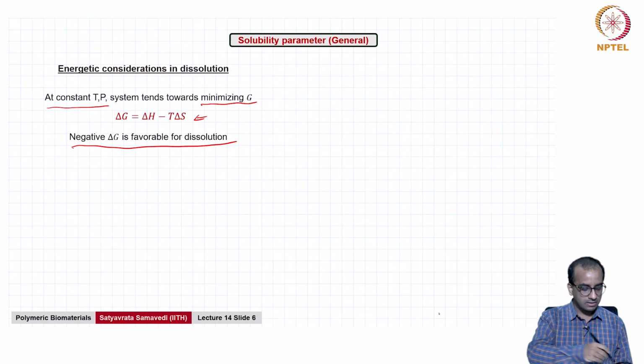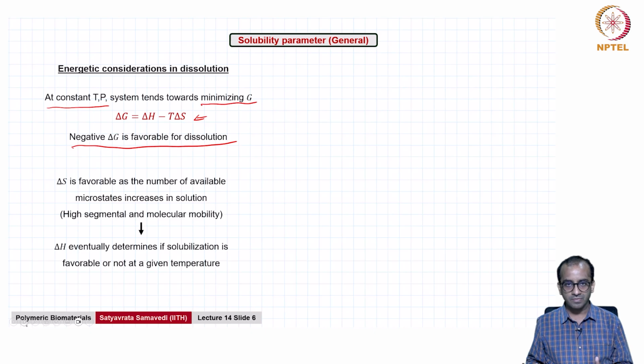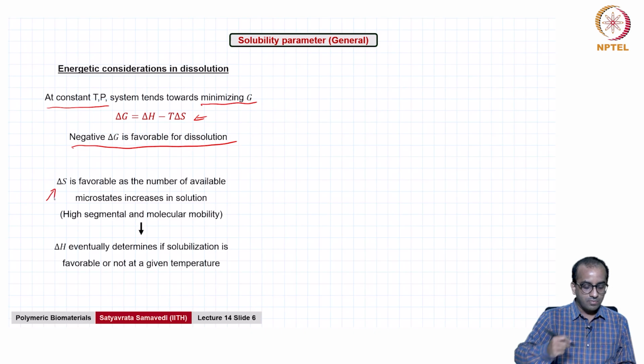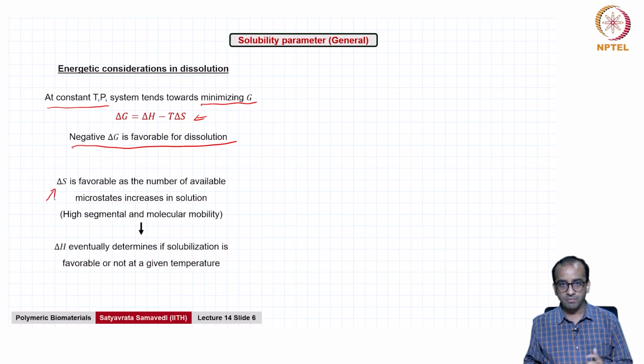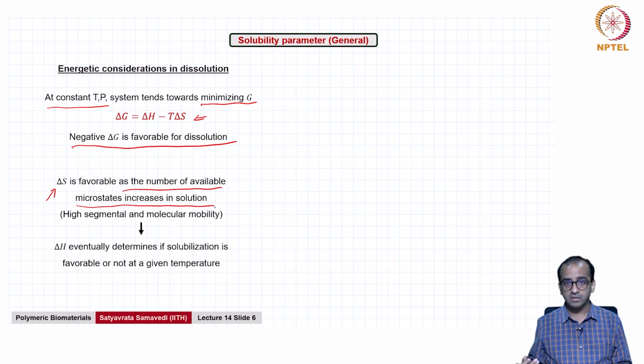Now, we can ask, what are the contributions towards delta G? Broadly, if you think of entropic and enthalpic contributions, the delta S change for mixing when you add a solvent will be favorable because the number of available microstates increases in solution.